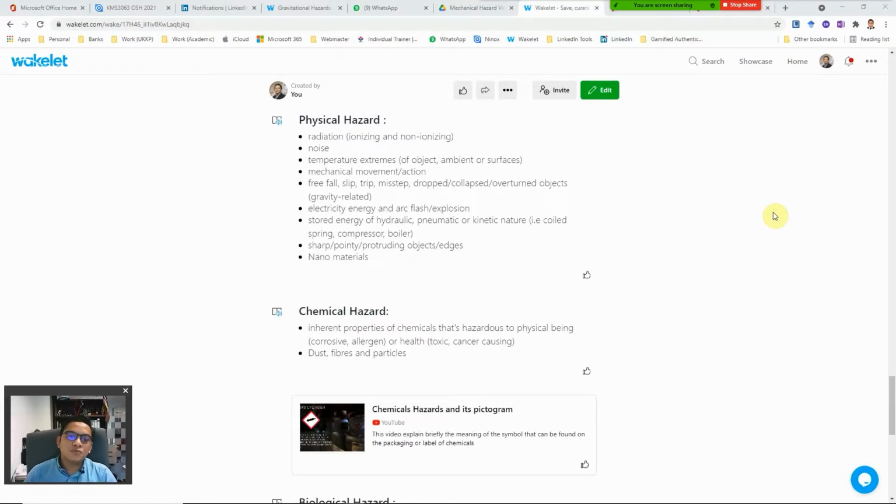It relates to stored energy, consisting of hydraulic, pneumatic or kinetic nature. Sharp, pointy or protruding objects or edges, like your kitchen knife.